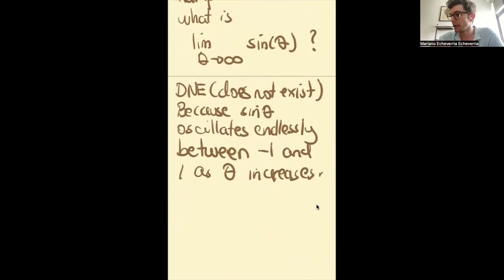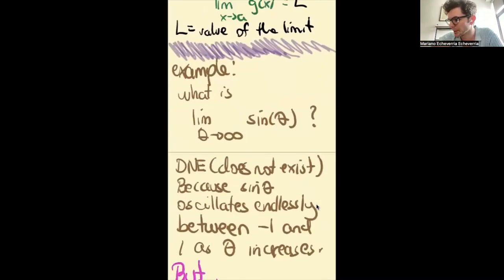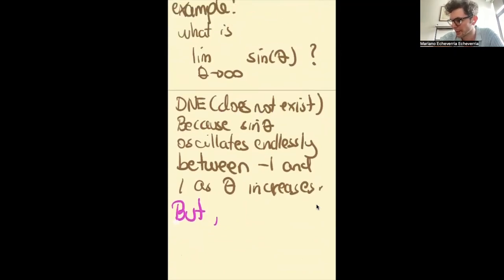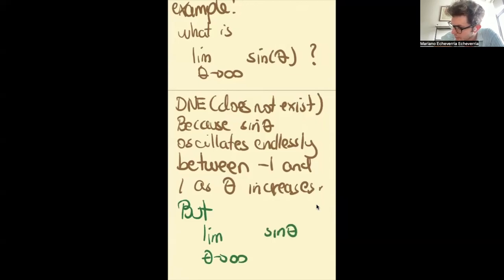Okay, but what I'm going to claim now, actually, let me use this color, is that the limit as theta goes to infinity of sine of theta over theta is going to be 0.